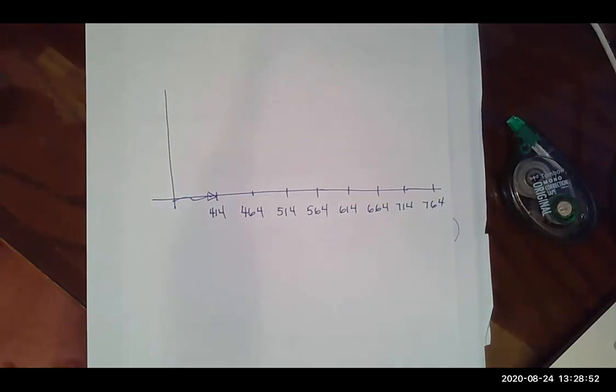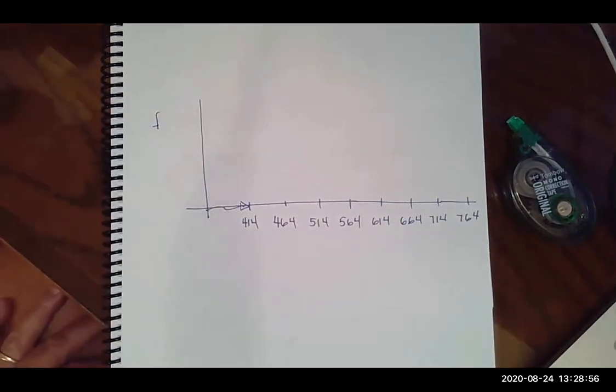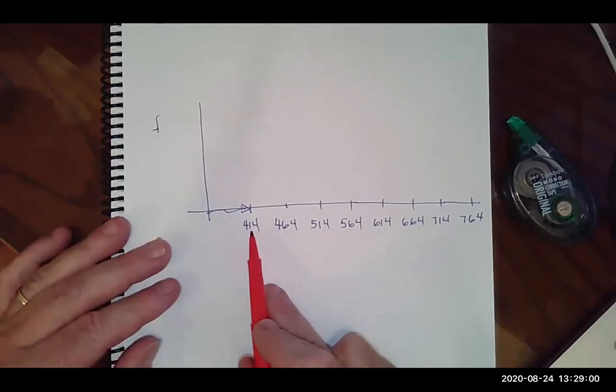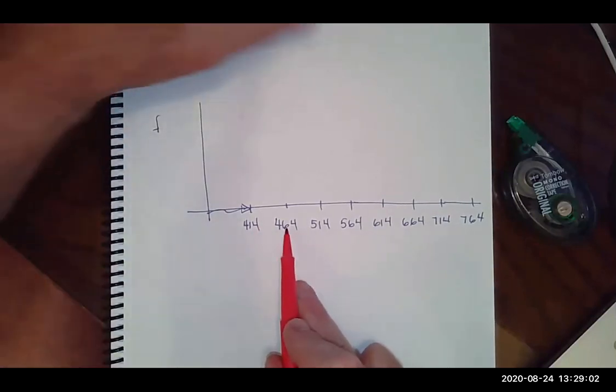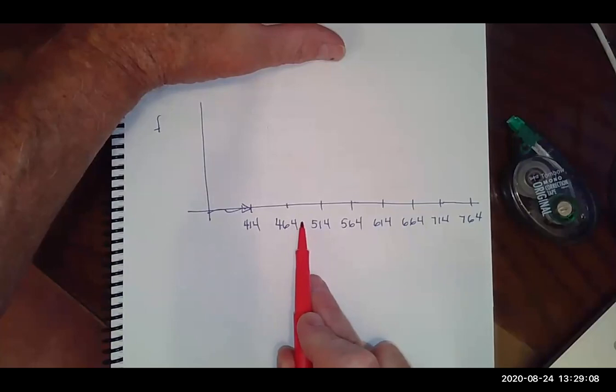I'm basically making a frequency on the side, and I'm just going to start counting. How many home runs are from 414 up to, but not including, 464? The reason I say don't include it is because 464 goes over here. Remember, the ones on the border always go to the right.